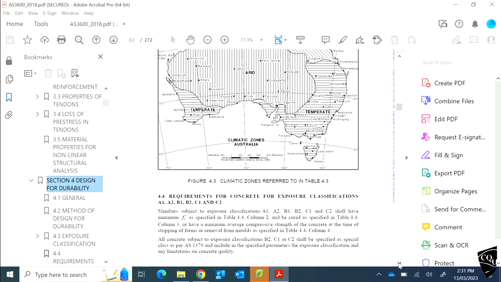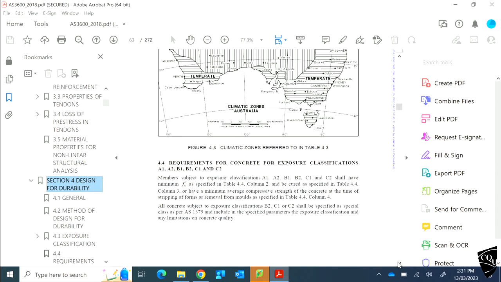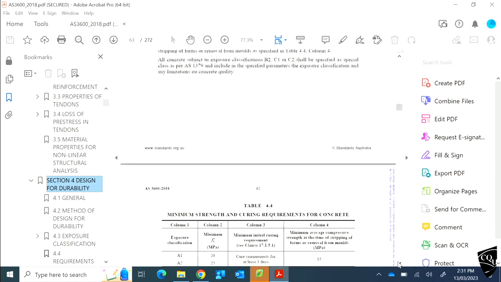Once you have this, they talk about the concrete: for each different classification, what type of concrete we need.